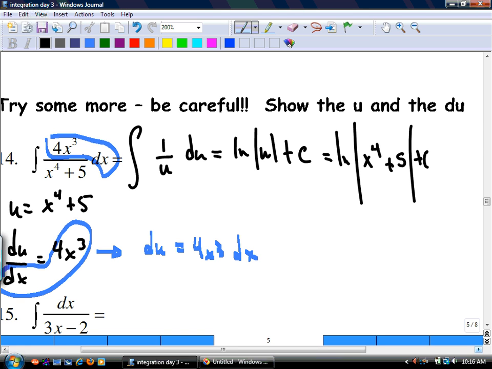Well, it's not always positive, but this quartic's always positive, and you add 5, it's even more positive. You don't actually need absolute value brackets, you can just put round brackets and be happy.